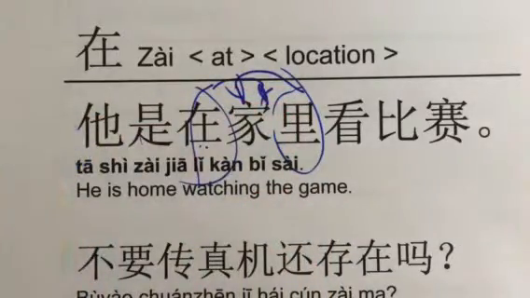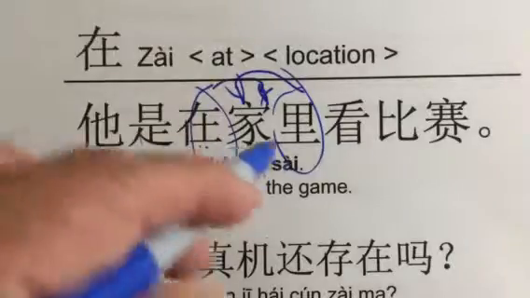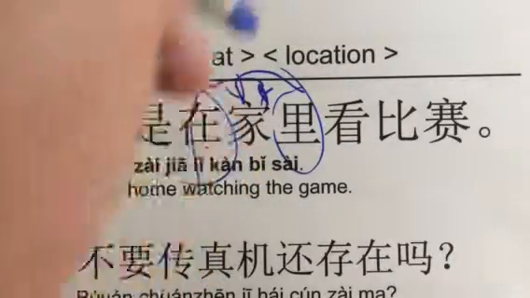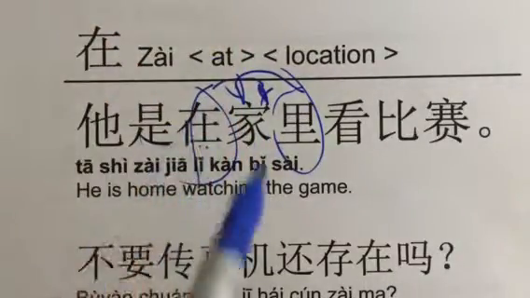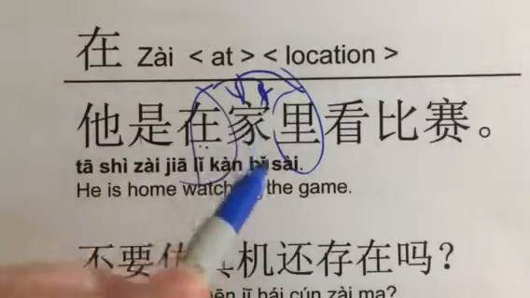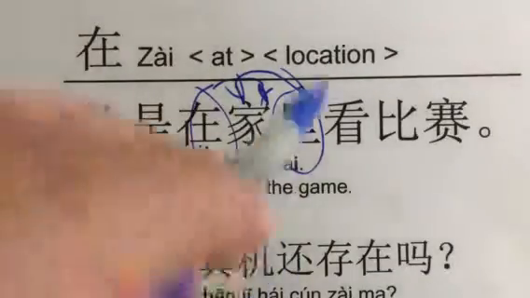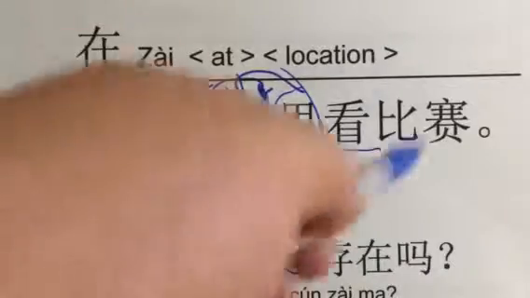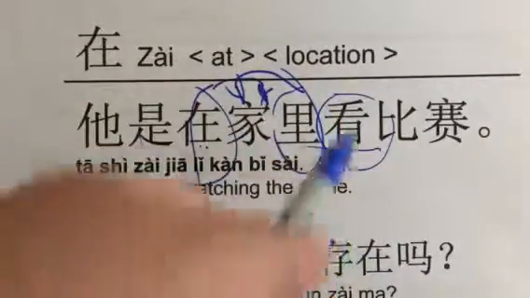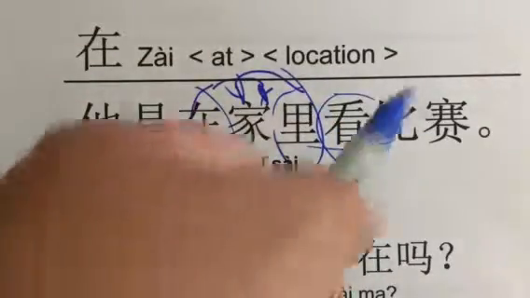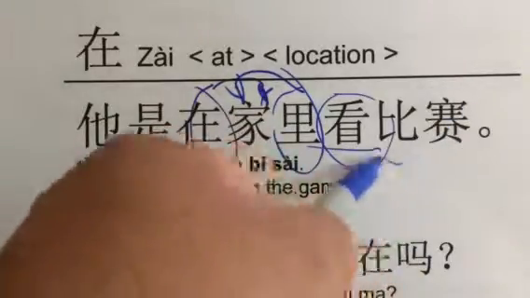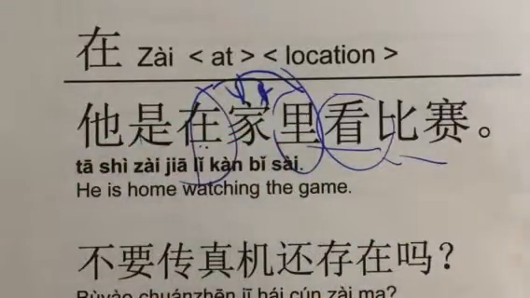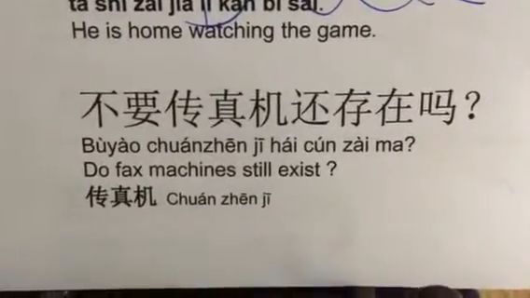So the person, 他是在家里看比赛, is inside his home. Where is he at? Inside his home, or he's at home. And what is he doing? He's looking at the game. 比赛.